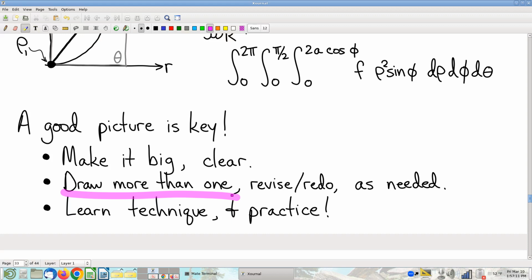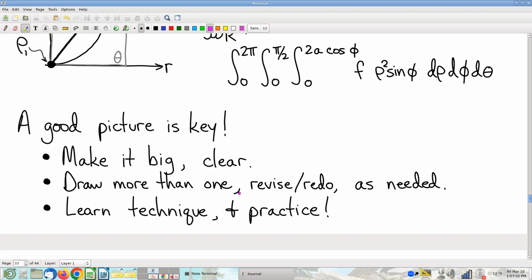And then from what I learned from that first bad picture, I can get enough insight to see what this looks like, and then I can draw a better picture on the basis of the experience I got from the bad picture. So the revise and redo aspect of it, I think, is also really important.